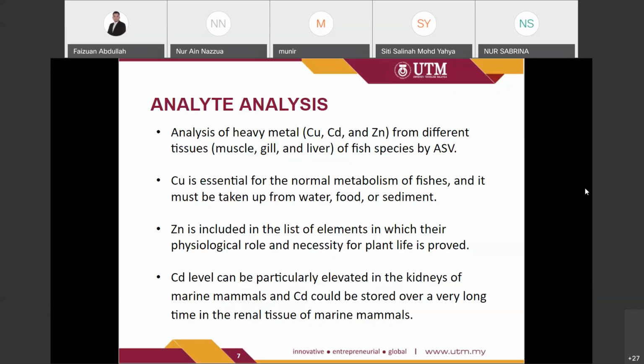Zinc is included in the list of elements whose physiological role and necessity for plant life is already proven. Cadmium levels can be particularly elevated in the kidneys of marine mammals, and cadmium could be stored over a very long time in the renal tissue of marine mammals. Okay, next.